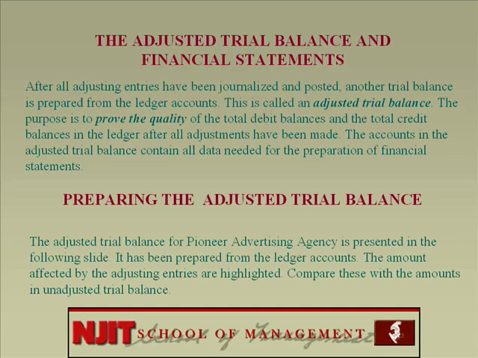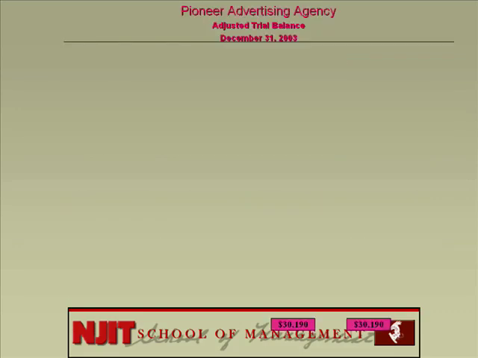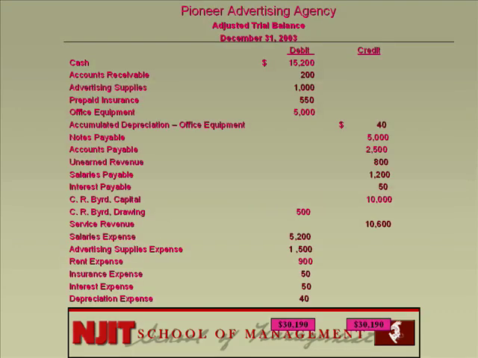I'm going to show you the adjusted trial balance for Pioneer Advertising Agency. I'm assuming you have done yours, so you can check yours with the solution, which comes now. Does it look good? Does this tally with your answer?